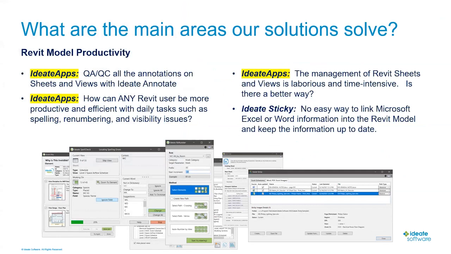When you install IdeateApps, you get these 10 tools, and one of the tools is Ideate Annotate, which we'll talk about a little bit more. But when it comes to productivity, we also have another application called Ideate Sticky that allows you to live link Excel, Word, and PDF documents into your Revit project and keep them up to date.